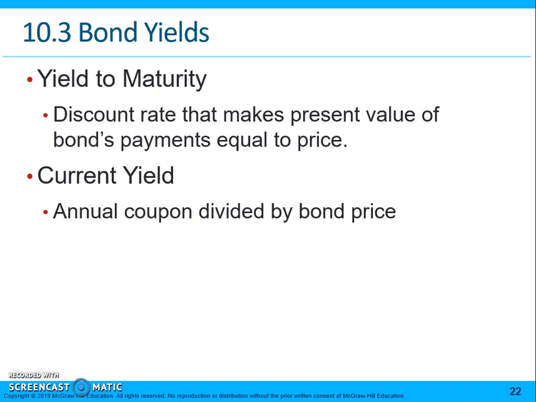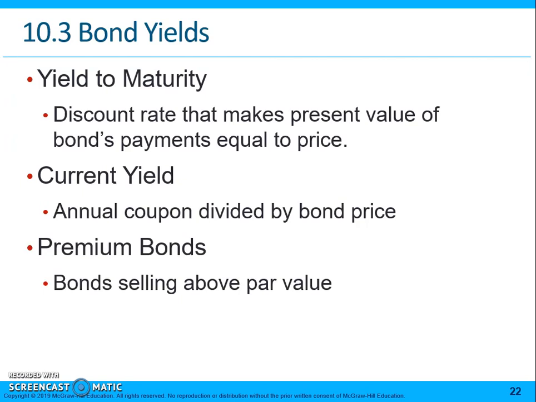So if the yield is above the coupon rate, then the current yield is going to be lower. If the yield is below the coupon rate, then the current yield is going to be between them. So it's not an accurate measure. It's just something to give you an estimation.